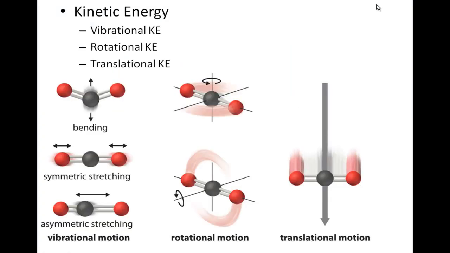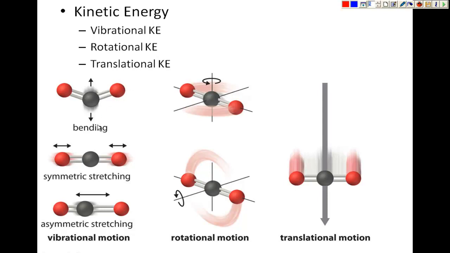Now, when a physical change is happening and something is turning from a solid into a liquid, into a gas, energy is being added, and the energy is usually in one of these three types. There's vibrational kinetic energy, rotational kinetic energy, and translational kinetic energy.